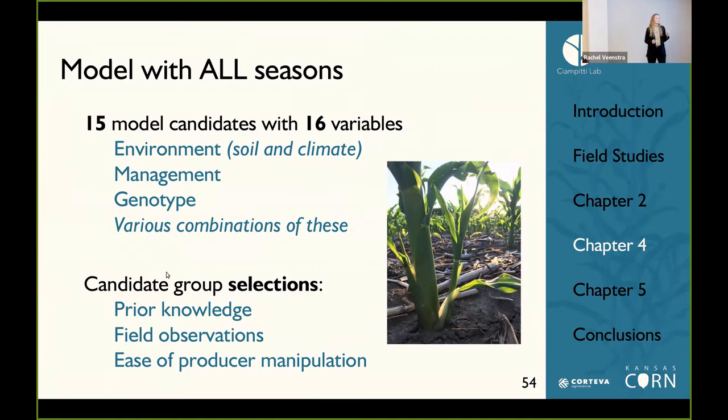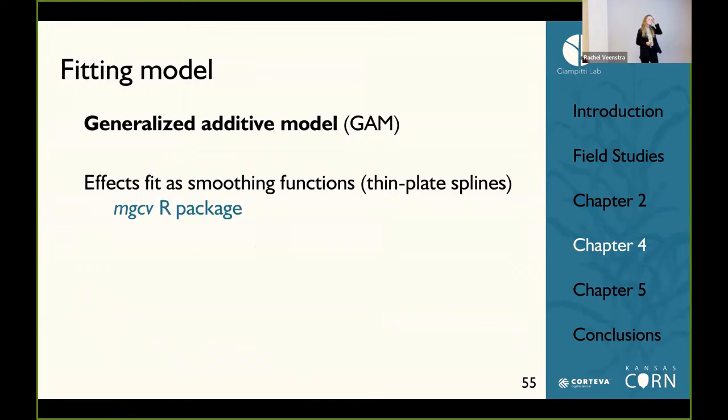We made our selections of these candidate groups based on our prior knowledge, so what was published in the literature, the observations that we had made in the field ourselves, and then how easily producers could manipulate some of these variables that fell into these categories, because we wanted our research to be as usable and meaningful as possible. So we tried to consider that when we were grouping these candidates.